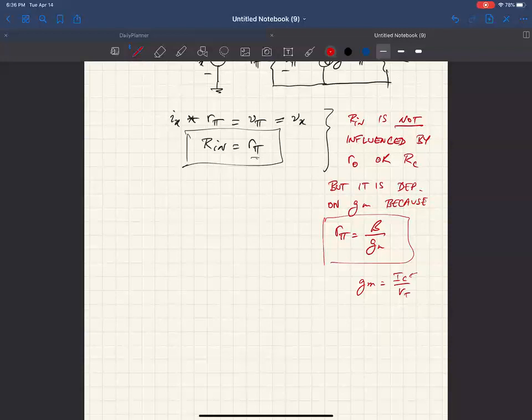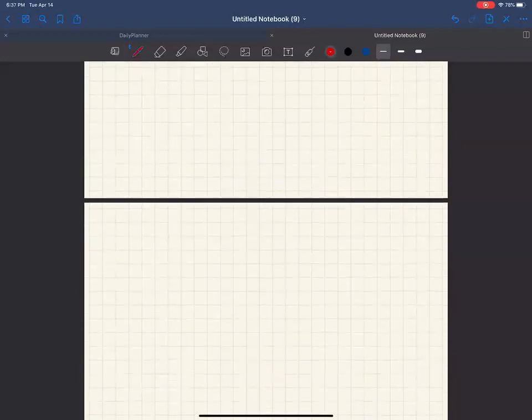So that's one knob you have to play with. But you have to be careful that the reduction in I sub C and gm doesn't drop your gain to a value that you can't deal with. You have to make sure it's still permissible.